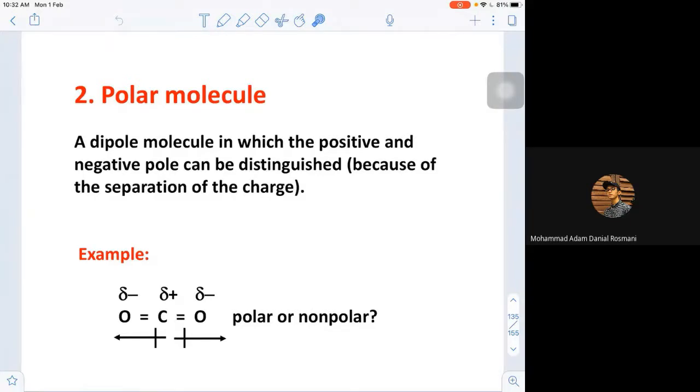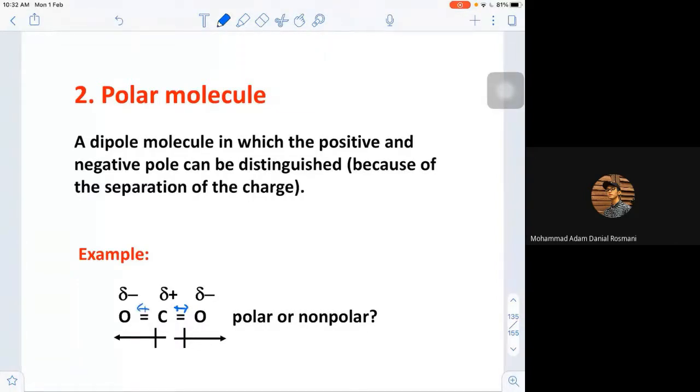An example is given here with carbon dioxide. In carbon dioxide, we know that the bonds are all polar. This bond is polar, and the same goes with this bond, because oxygen is more electronegative than carbon. So this bond polarity is moving towards oxygen. Same goes with this one.